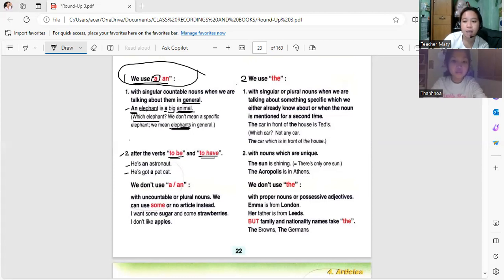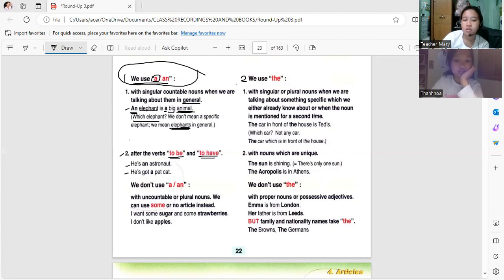That's the example of the verb to be. And for the verb to have, I would say, she's got a new toy.